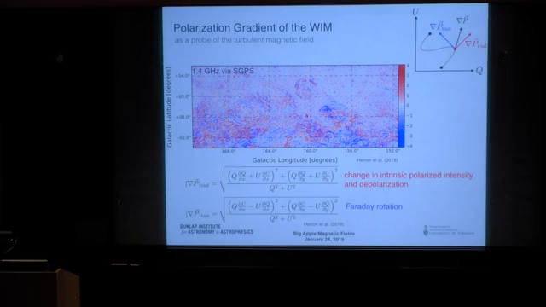In contrast, the tangential component would be changing the polarization angle. So you can imagine that that would be caused by things like Faraday rotation. And so being able to decompose the gradient into these two components really allows you to get some kind of physical intuition of what is happening in the warm ionized medium.